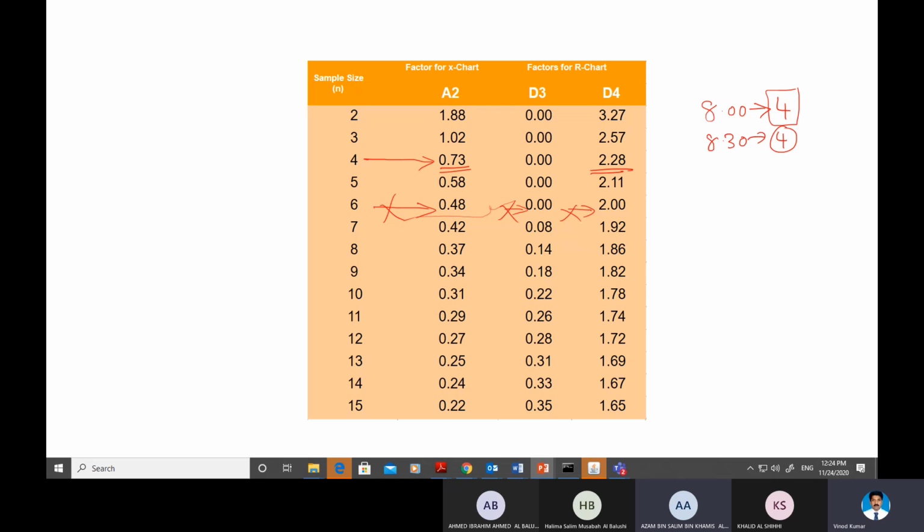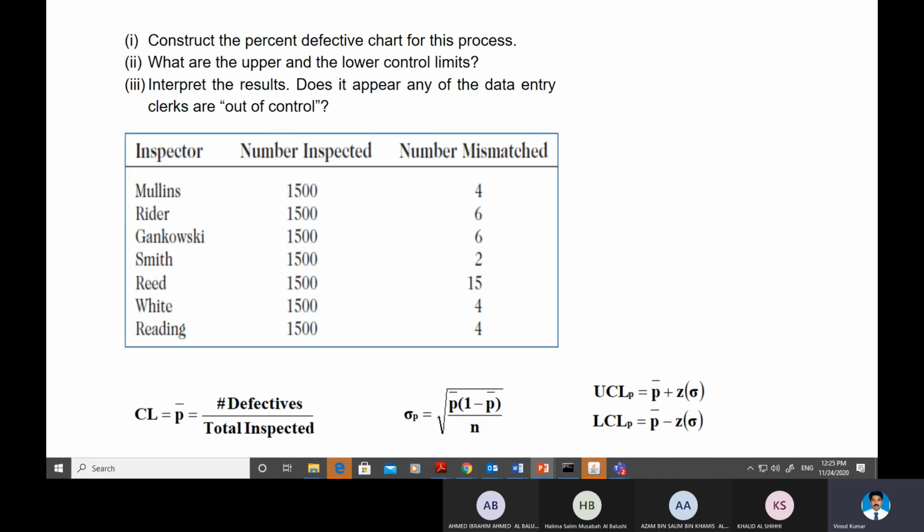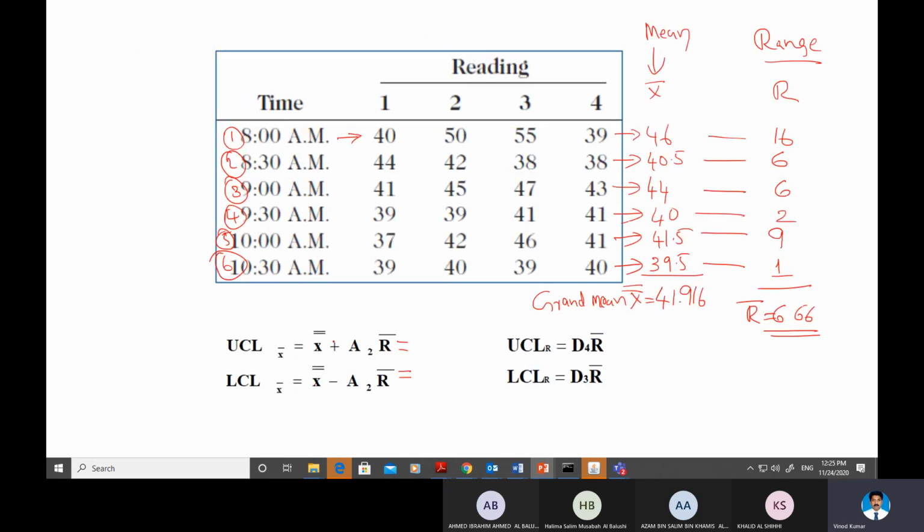Now what you have to do is take the values here. I will write it: A2 equal to 0.73, D3 equal to 0, and D4 equal to 2.28. Now substitute these values in the equation. Can you substitute and tell me the values?